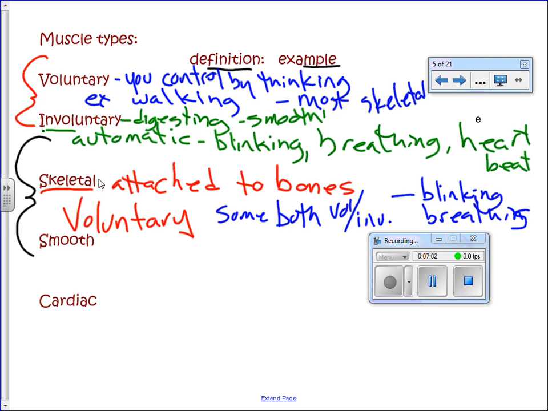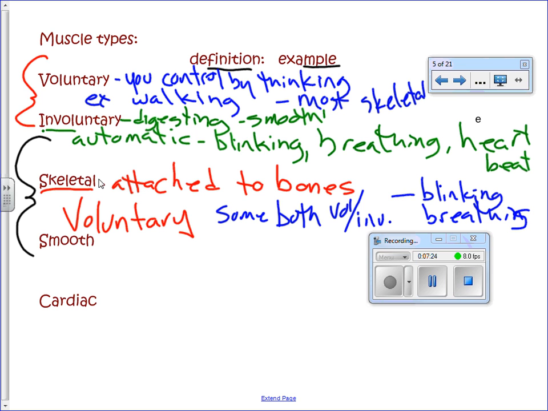Similarly, for breathing, there's a big flat muscle at the base of your rib cage called the diaphragm, and that muscle, most of the time, works all by itself without you thinking about it. There are also muscles in between your ribs called the intercostal muscles. That's the in-between-the-ribs muscles.